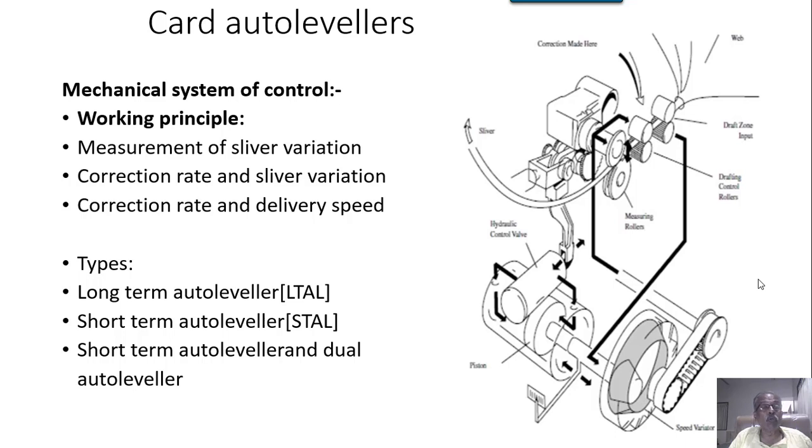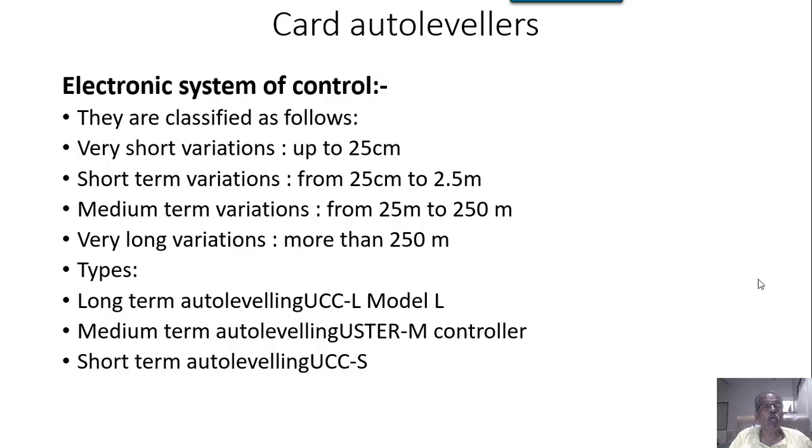Card auto levelers can be long-term, short-term, or dual type, with a measurement principle and then correction. Speed and sensing are the main theme of auto leveling. Many times we say short term, medium term and long term.